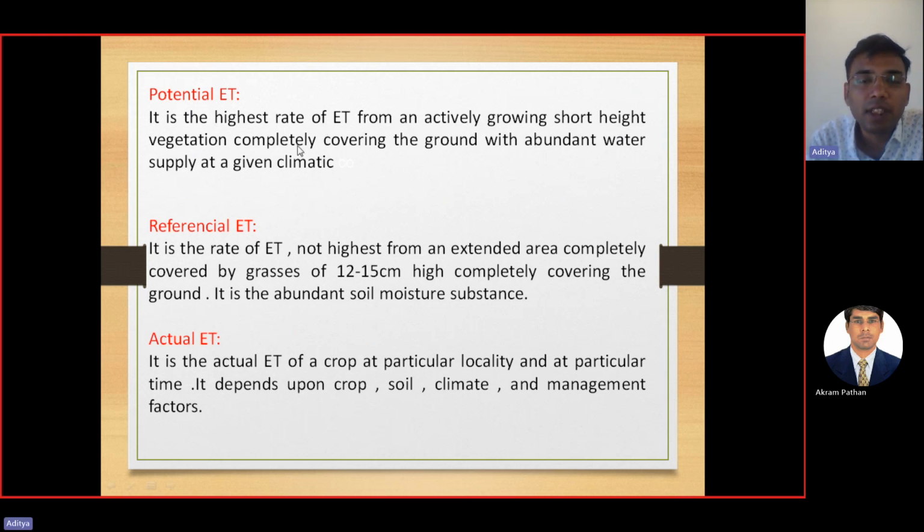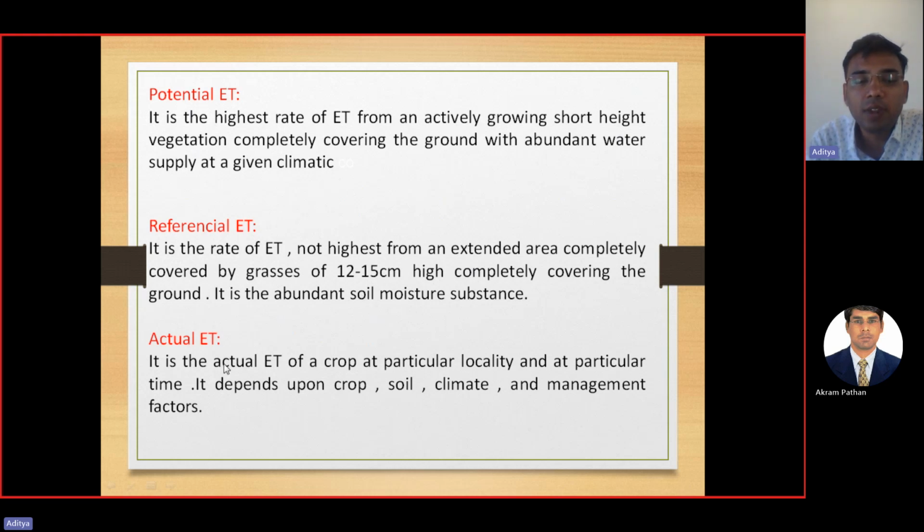Then if your vegetation cover is a little less, you can call it reference evapotranspiration. It is the rate of evapotranspiration, not the highest, from an extended area completely covered by grass 12 to 15 centimeters high, completely covering the ground, with abundant soil moisture.